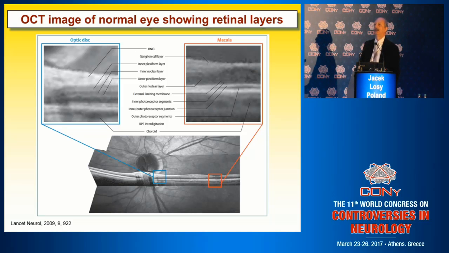Why? Because this layer is vulnerable to axonal damage, and we can measure the thickness and the possible thinning which exists over time in MS patients. The measurement of the RNFL layer can capture the axonal loss of these axons.